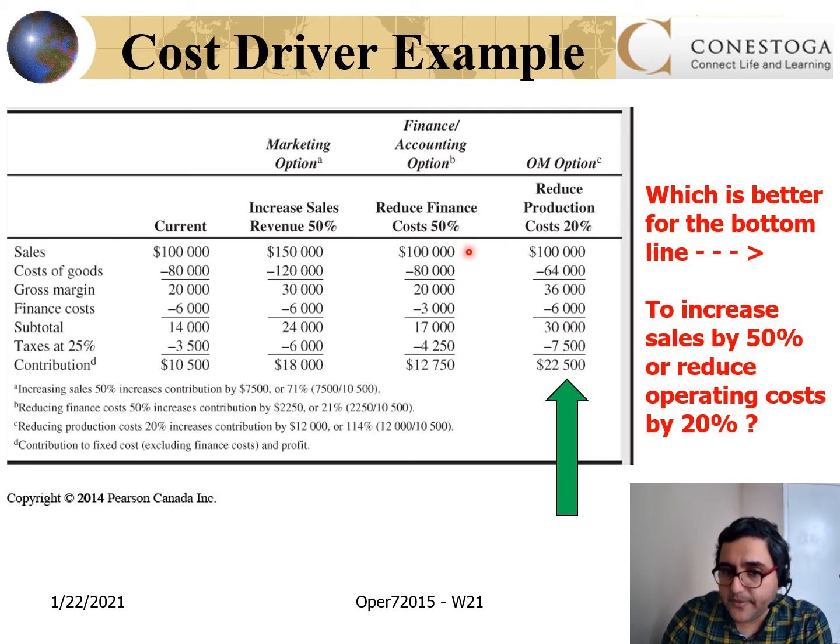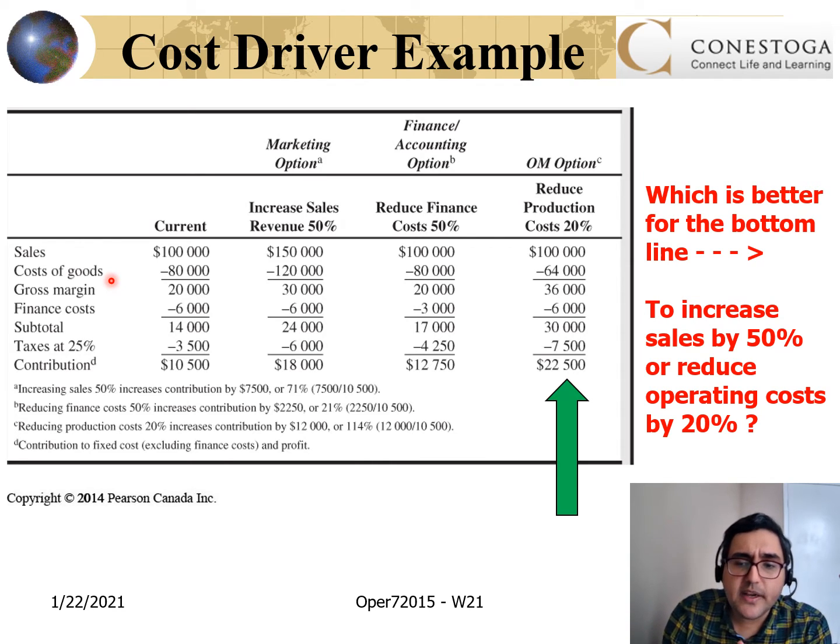Now let's see what has happened when I'm reducing my finance cost by 50%. It was 6,000 and has dropped to 3,000, all the other things remaining the same. My contribution has jumped to 12,750. Now let's look at the last case. I'm not changing anything with my marketing or my revenue, but I am trying to play around with my costs. That's where I have my control, within my factory, within my company.